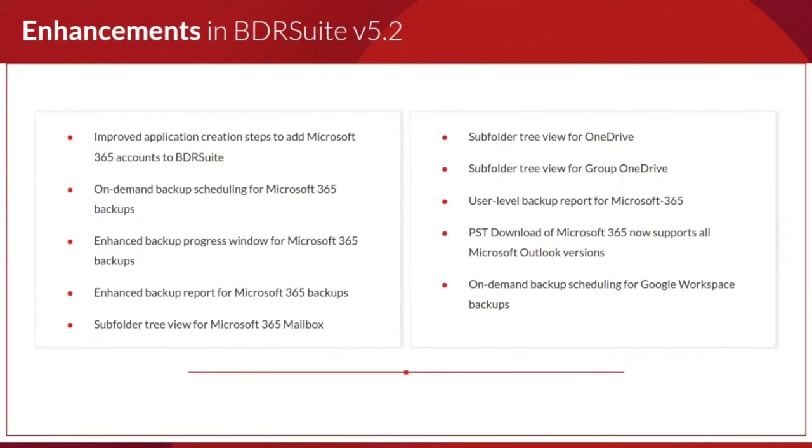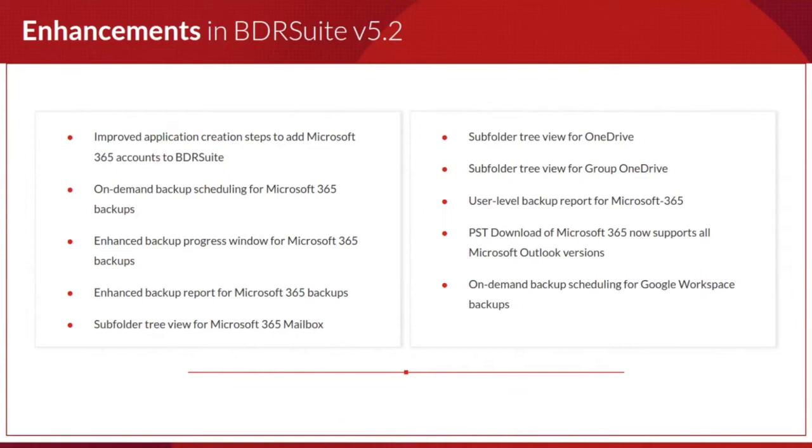And then we have this backup progress window for Microsoft 365. Initially, we had this feature for the other backups as well, like the image level backups of VMware, Hyper-V, Microsoft Windows, and file and folder level backup. You could see the progress window of the backup, how far the backup has progressed.